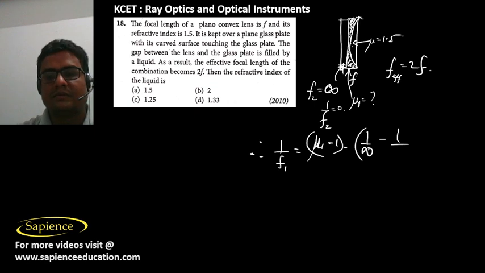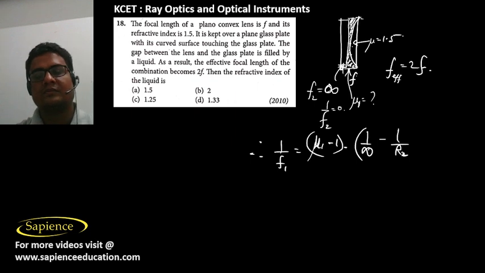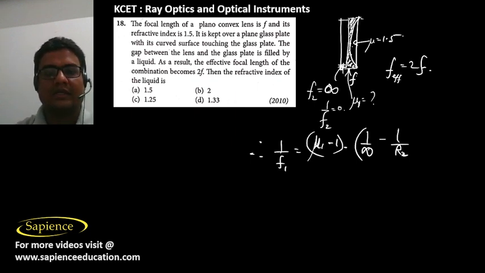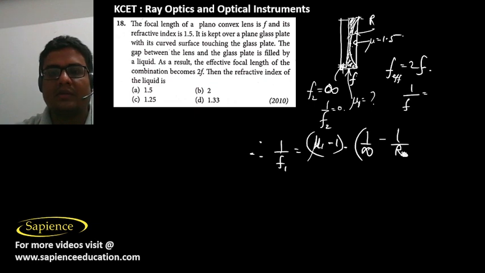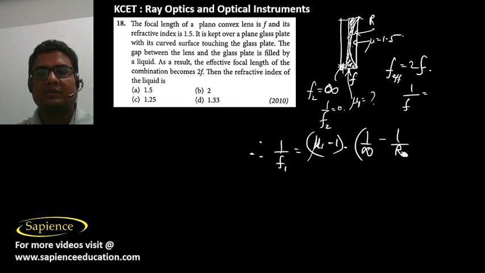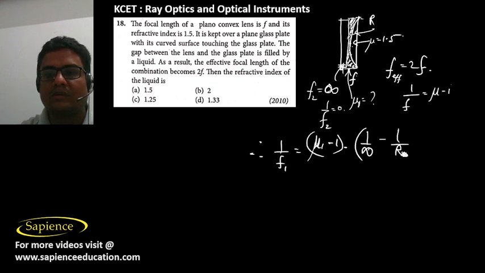This has radius, suppose r. So for the plano-convex lens with focal length f, I can write 1 by f is mu minus 1 into 1 by r1 minus 1 by r2, where one radius is infinity.